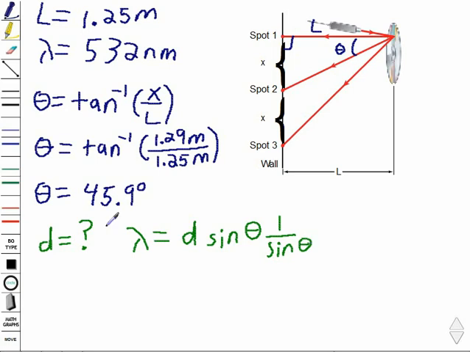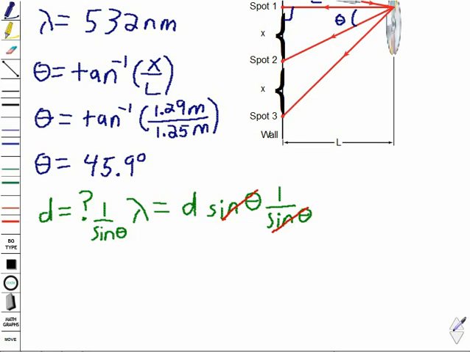So I'm going to multiply both sides, or divide by sine, or multiply by 1 over sine, and that's going to cancel out the sines and give us what we want, which is distance between the grating is equal to the wavelength divided by sine of the angle.